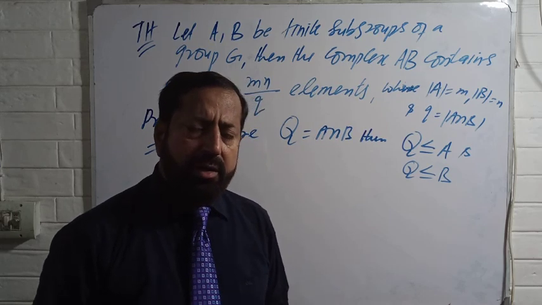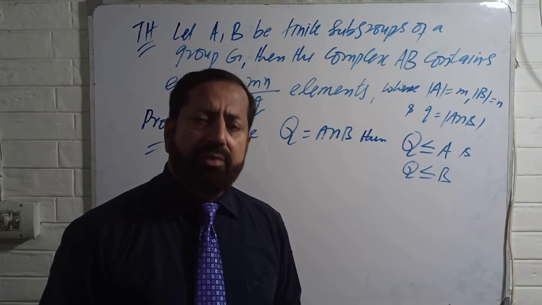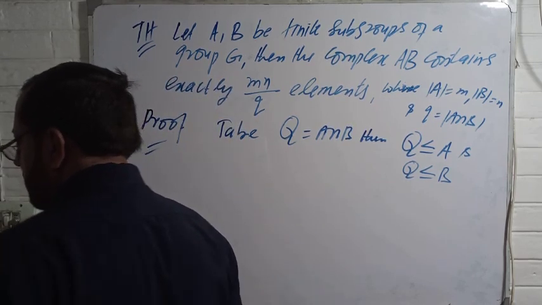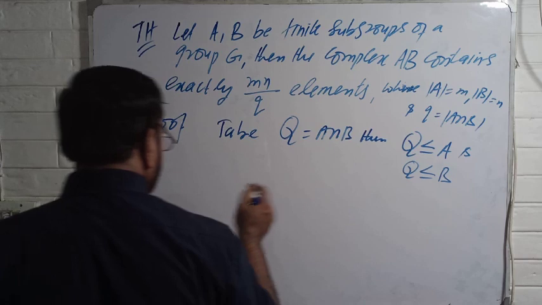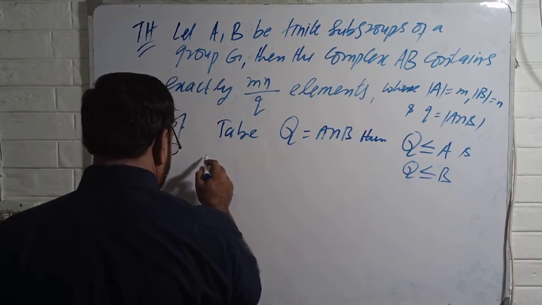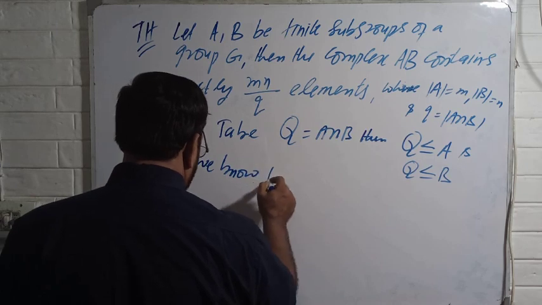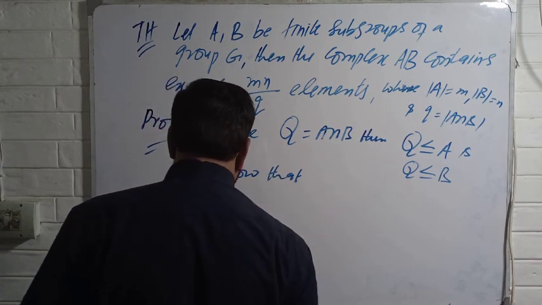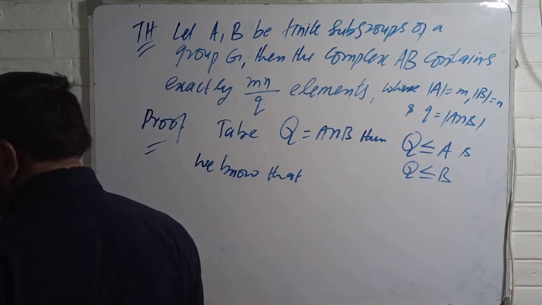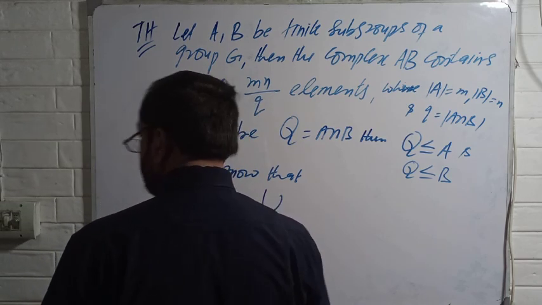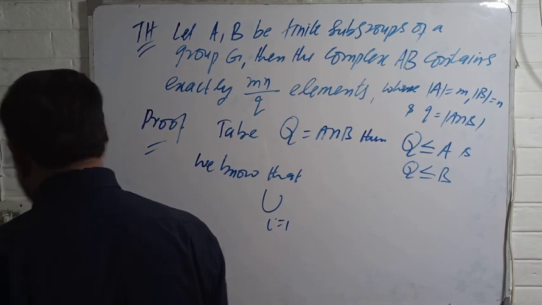you can have B in terms of their union. Okay, so what was that theorem? You can write B as the union of Qbi, where i varies from 1 to say r.